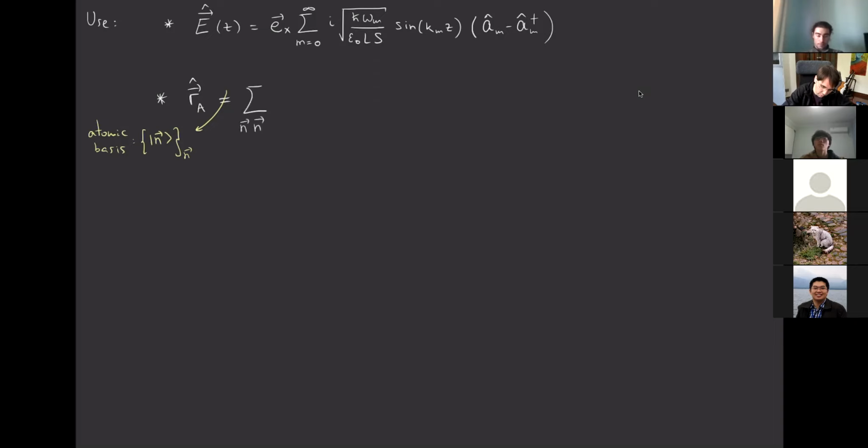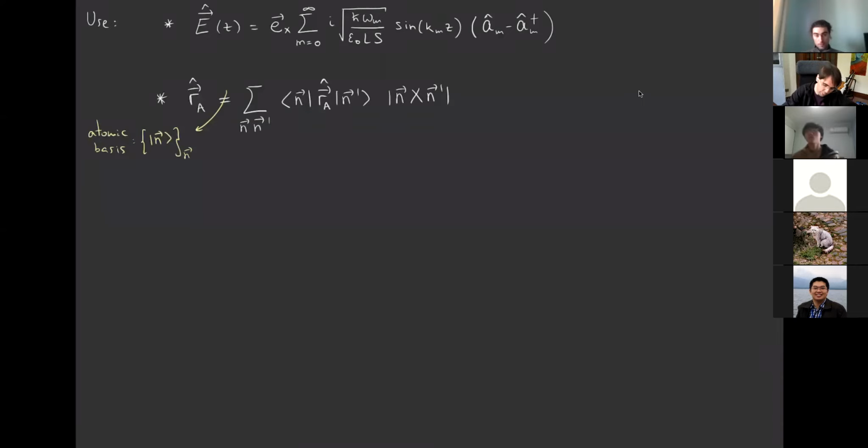So I can choose the basis n prime, and I will have here the matrix elements of this operator, and then the outer product of n prime. So this is just a representation. Sorry, this is R_A.